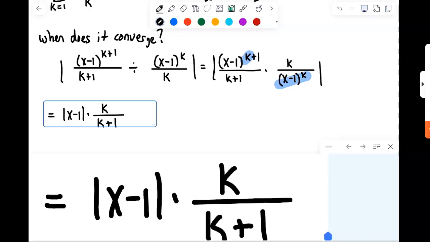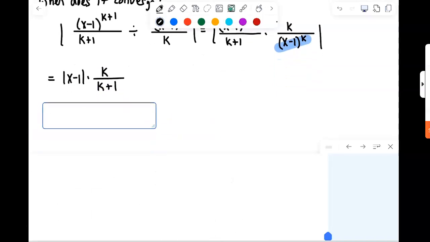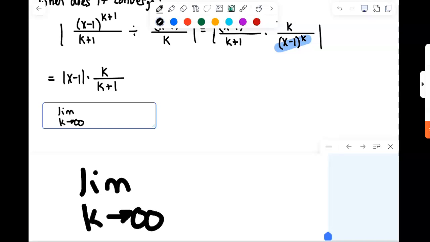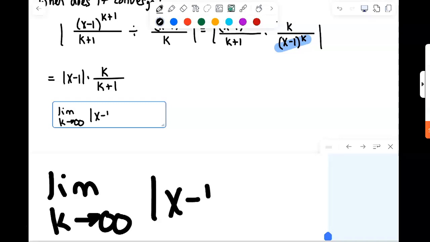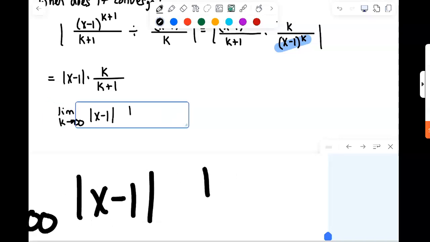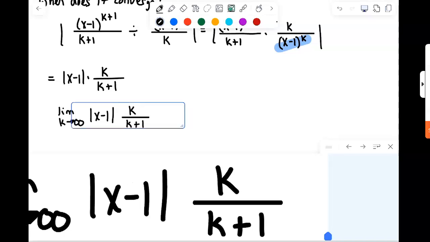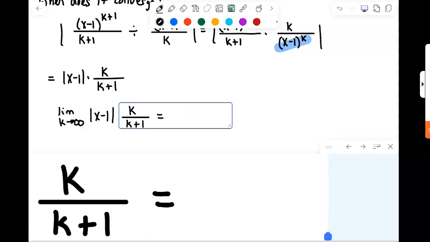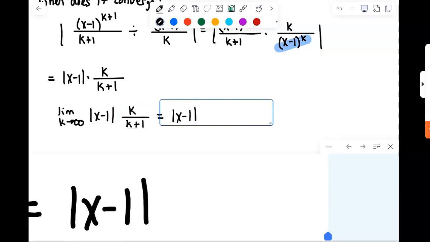Right. And then we take the limit of that as k goes to infinity. And of course, the limit of k over k plus 1 is just going to go to 1. So we're going to have absolute value of x minus 1. Remember that has to be less than 1 for it to converge.